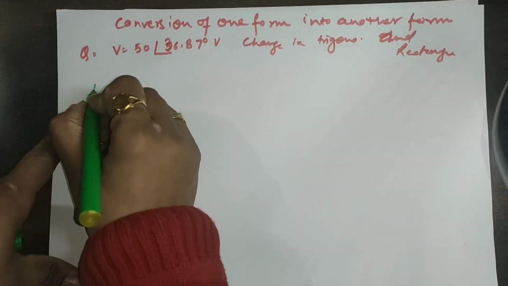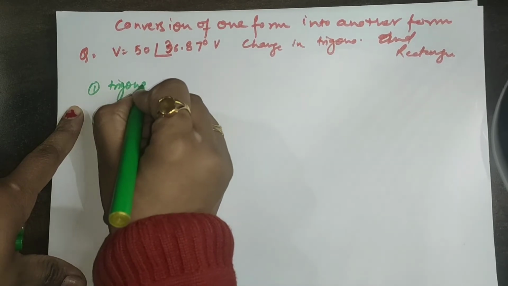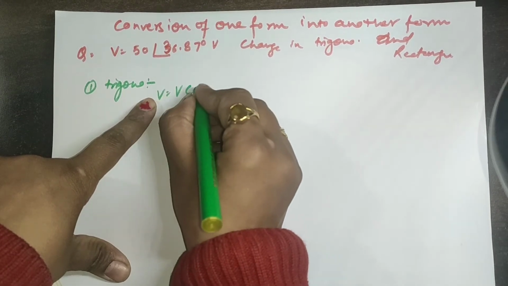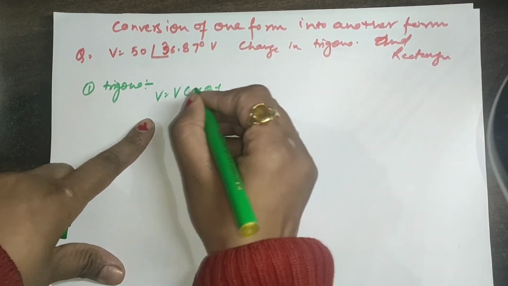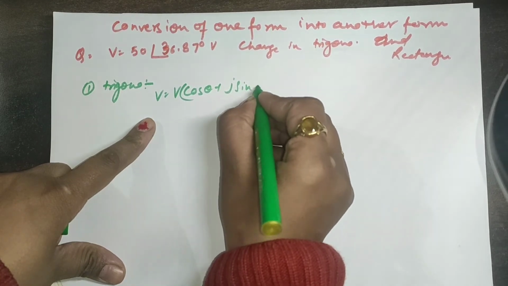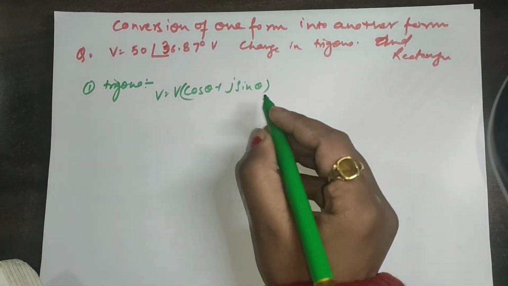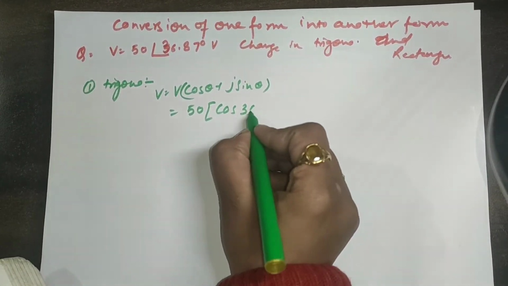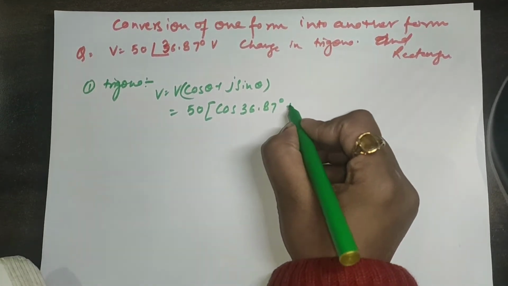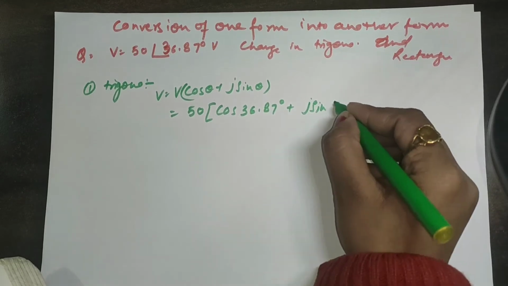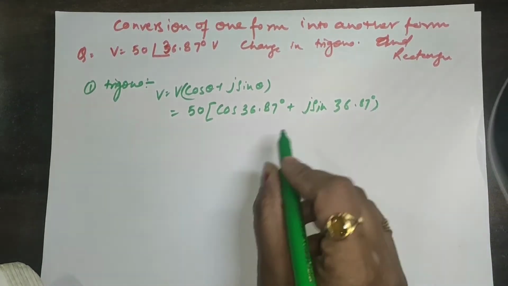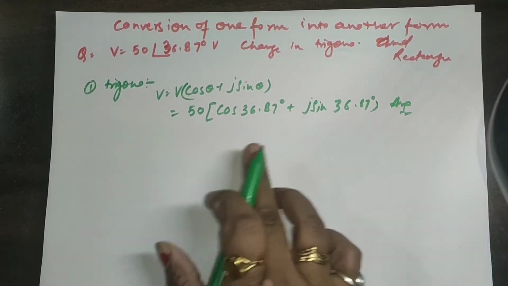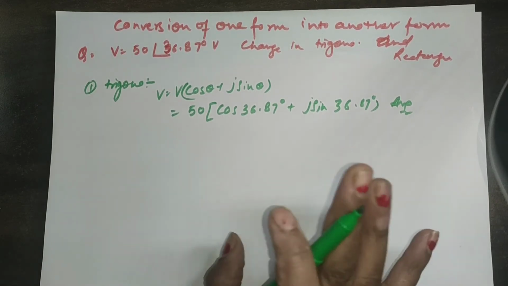First of all, in trigonometrical form, V equals V cos theta plus j sin theta. So we can directly put the values here, that is 50 cos 36.87 degree plus j sin 36.87 degree. You can put the values directly and you will get the answer. This is the trigonometrical form.